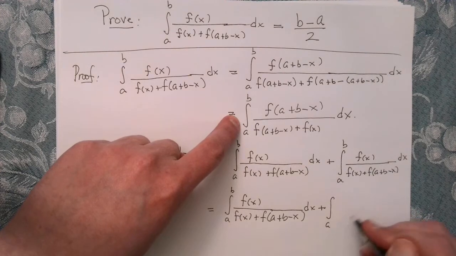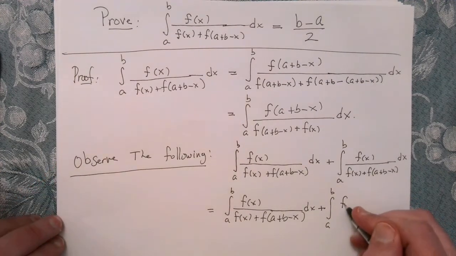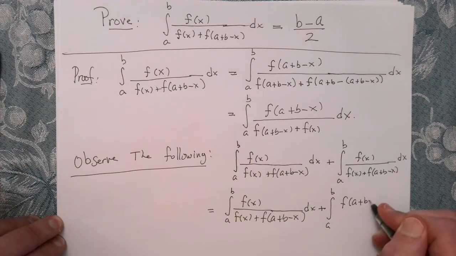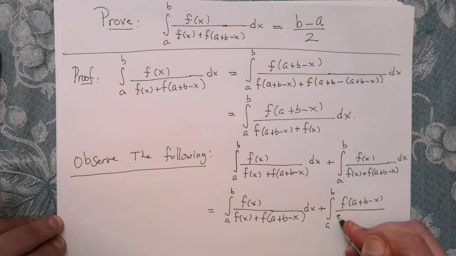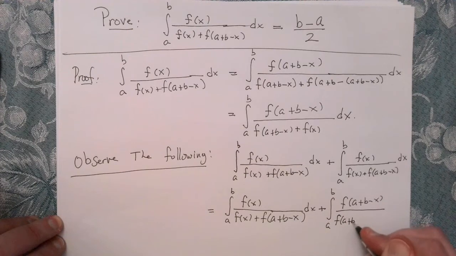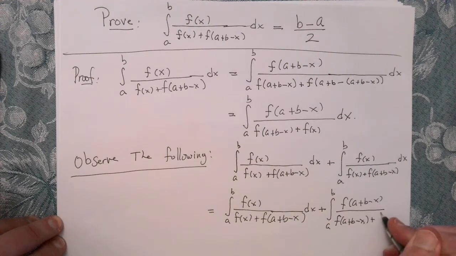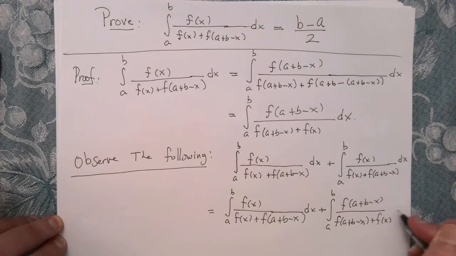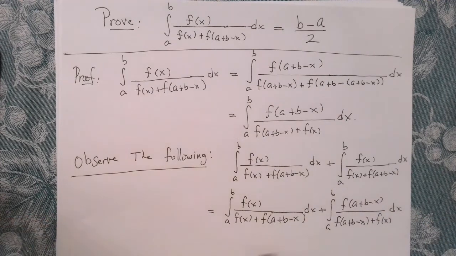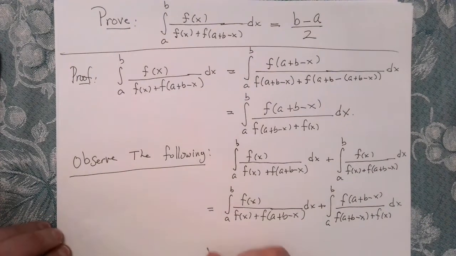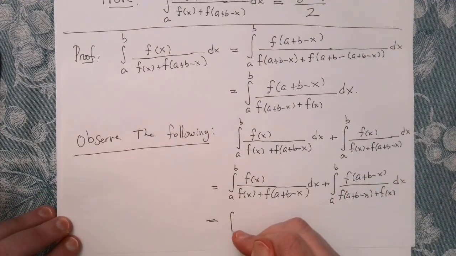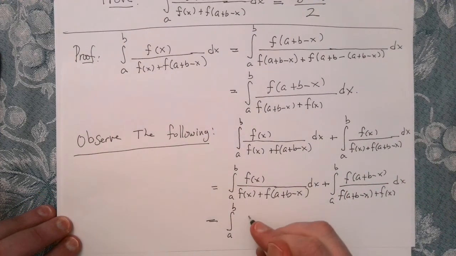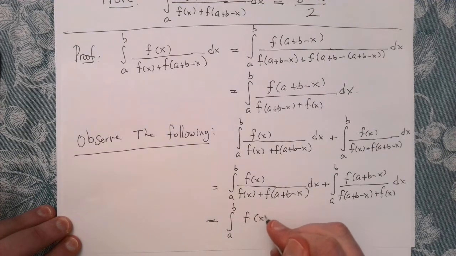Isn't that clever? So it's f of a plus b minus x over f of a plus b minus x plus f of x dx. But since the integral is additive, I have the following, and that gives me the big reveal.